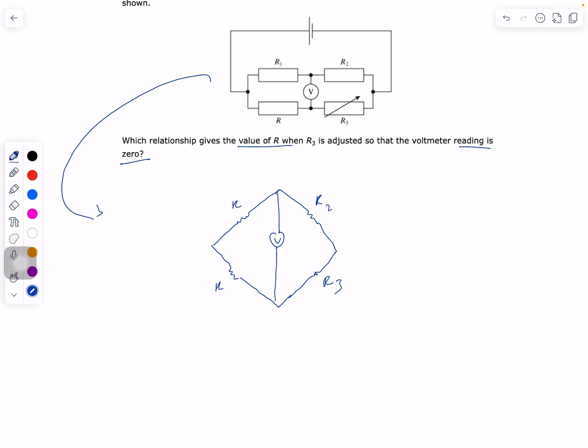Okay, so from our diagram, the way that we can set this up is that this is the top, let's say. Move this to the middle. But this would be the top, this would be the bottom.